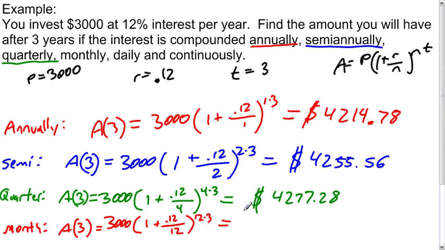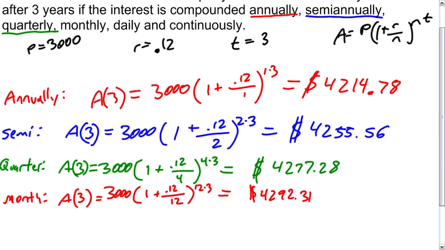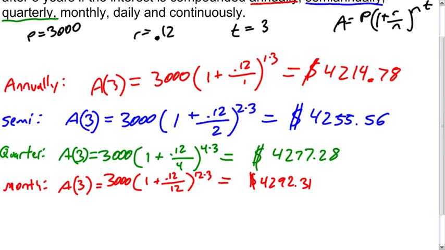So that's 1.01 to the 36th power times 3,000 is $4,292.31. You can begin seeing that the more frequently it's compounded, the more interest you earn. Or you could think about it the other way around, the more interest you would have to pay if it was a loan of some sort.